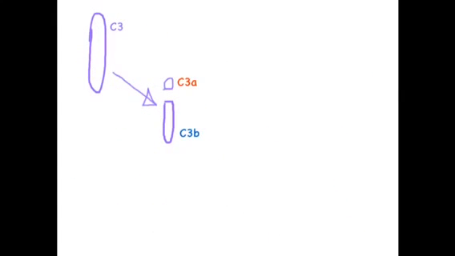So from what James and Sarah have told us, we know that complement protein C3 splits into two parts, a smaller portion, C3a, and a larger portion, C3b. C3a splits off and joins up with complement protein C5a to induce the inflammatory response.